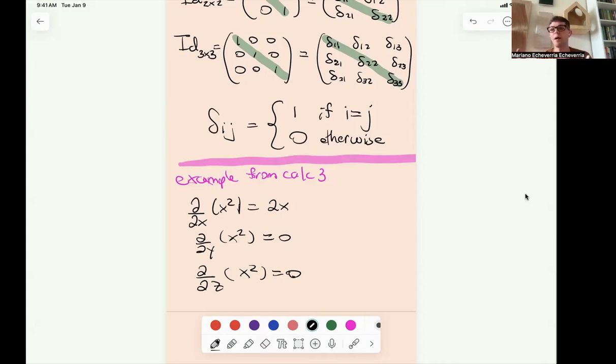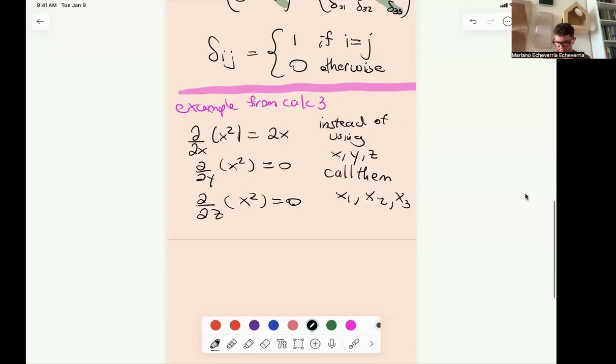A better way of writing this out is, instead of using x, y, and z, let's call the variables x1, x2, and x3, because that allows you to generalize more nicely. So the same formulas become: the derivative with respect to x1 of x1 squared is 2x1.